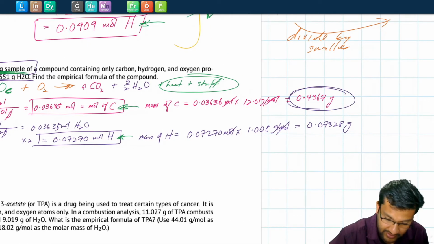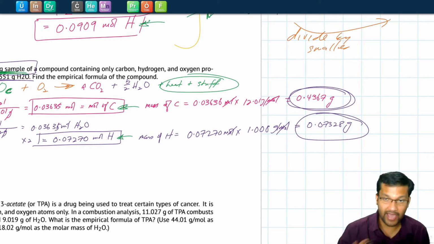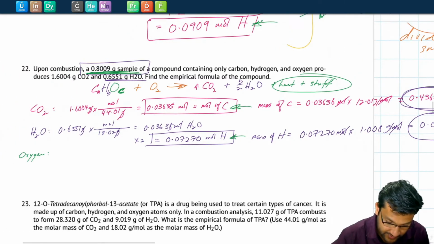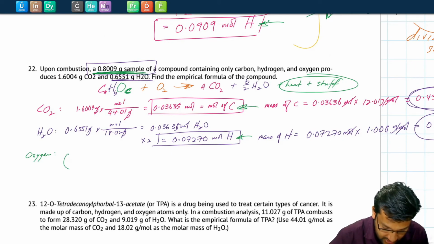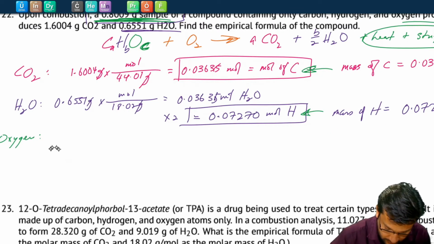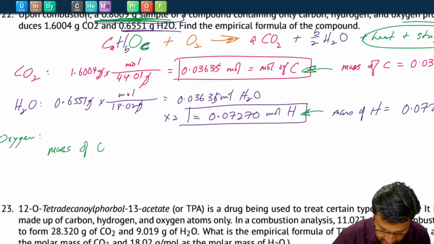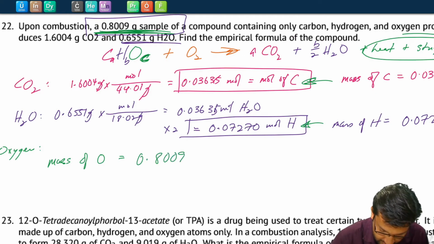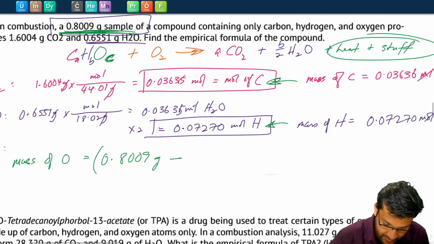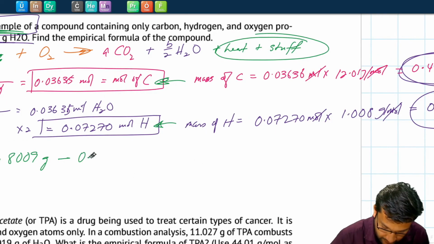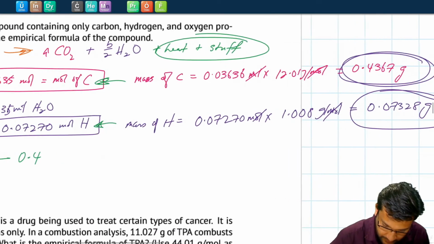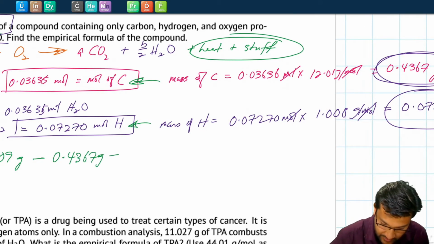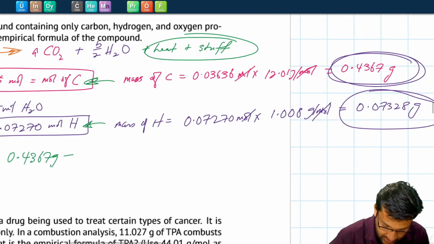So in our total sample, this amount is taken up by carbon, this amount is taken up by hydrogen, which means the remainder should be oxygen. So let's figure that out. The mass of oxygen would be equal to the total mass, right? 0.8009 grams minus the mass from the carbon, 0.4367 grams, minus the mass from the hydrogen, which is 0.07328 grams.